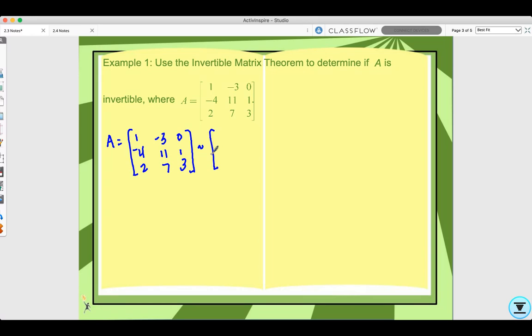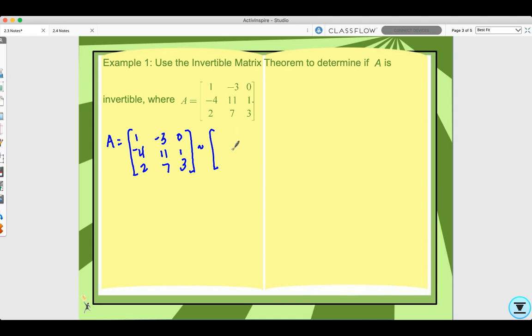I'm just going to see if I can get this down to one of those characteristics. It only has to be one of the characteristics of an invertible matrix. So there are many different things that you can do.